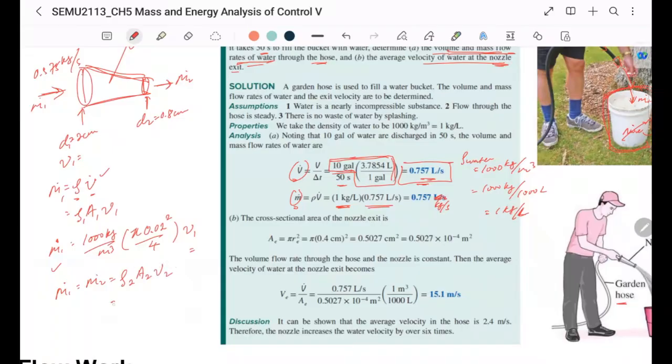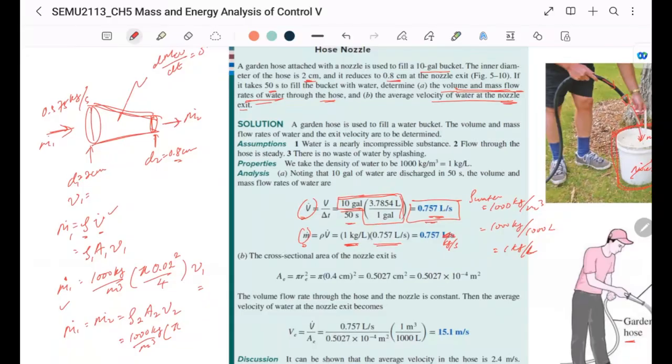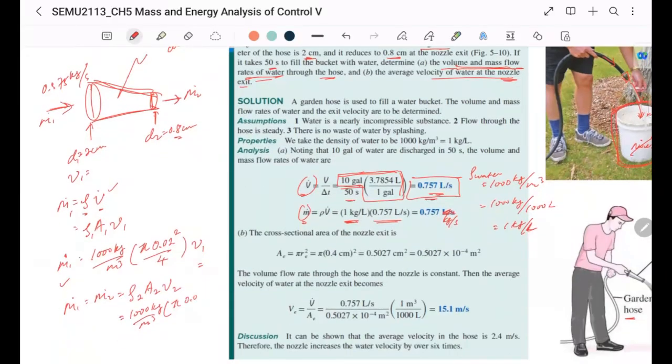Density remains the same. Area, now pi, the diameter for the nozzle is 0.8 centimeter, so therefore 0.008 squared over 4, times V2. Then you'll be able to find out how much is V2, which should be this.